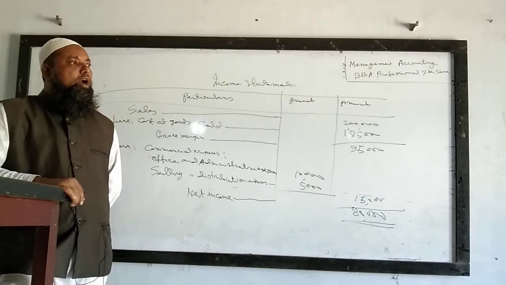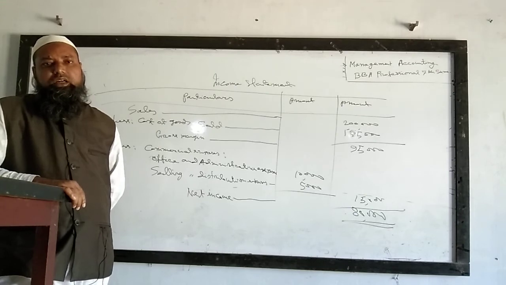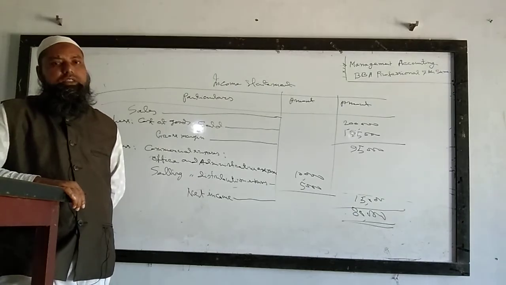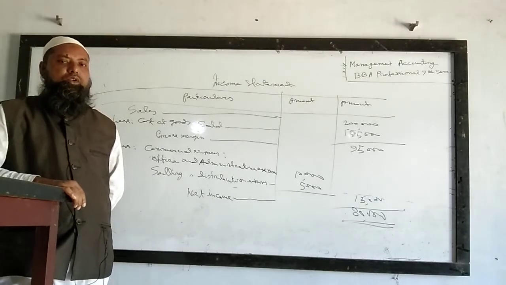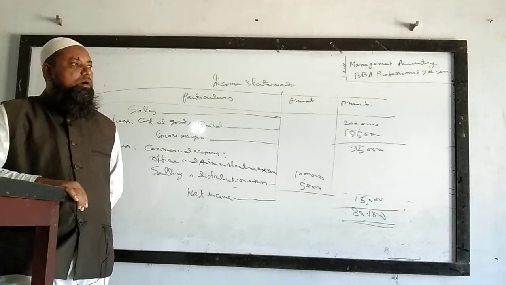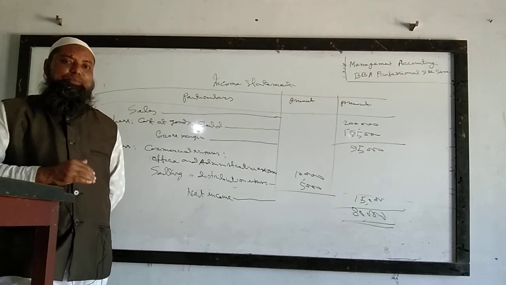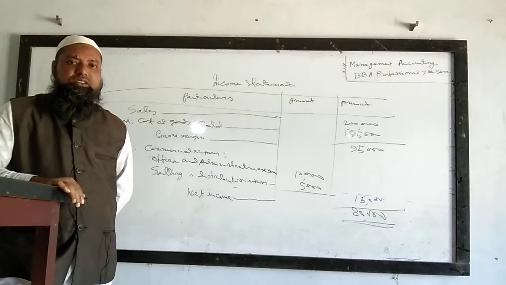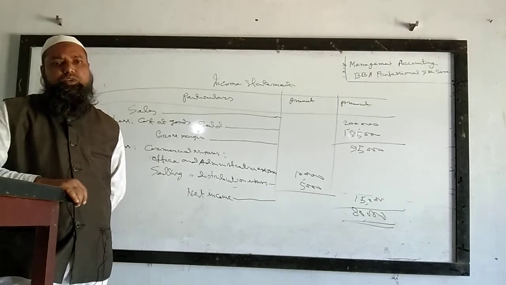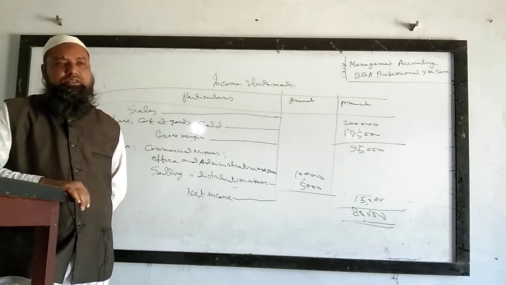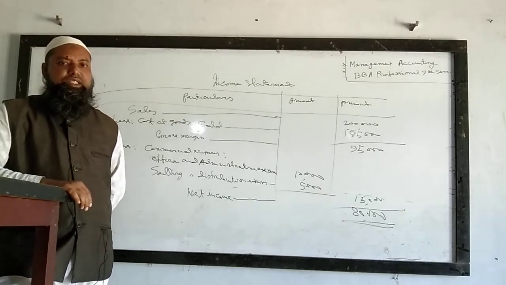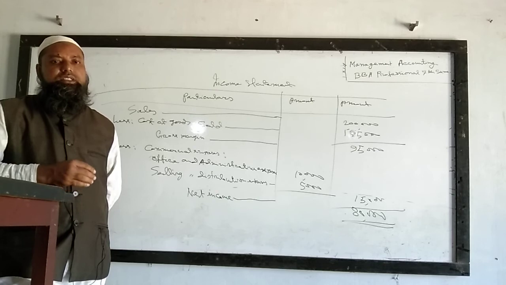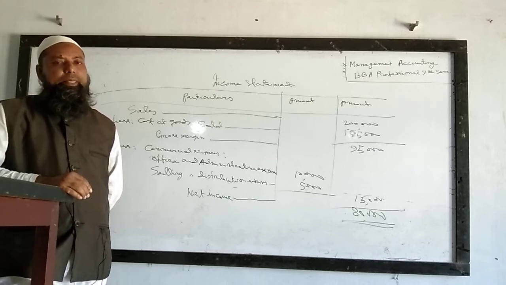When a manager needs information for their various decision making purposes, management accounting provide these information to various managers, say for example, production manager, sales manager, procurement manager, all the managers internally decision making.